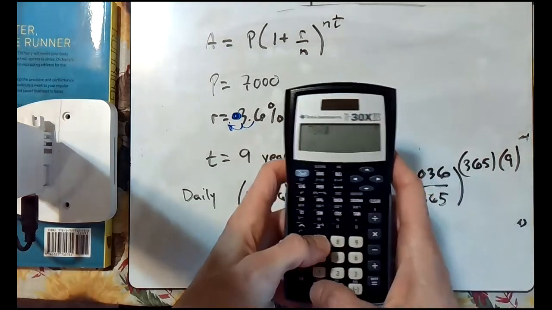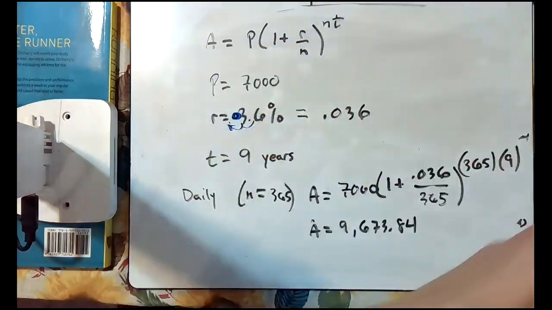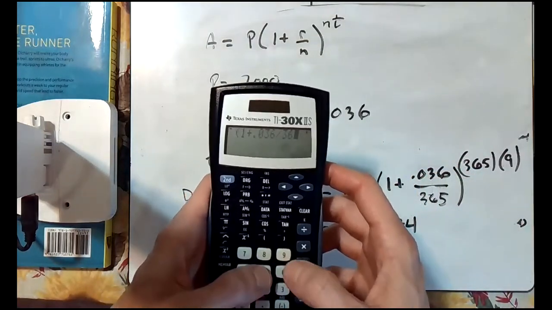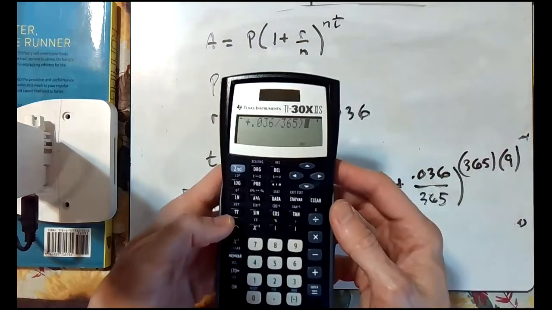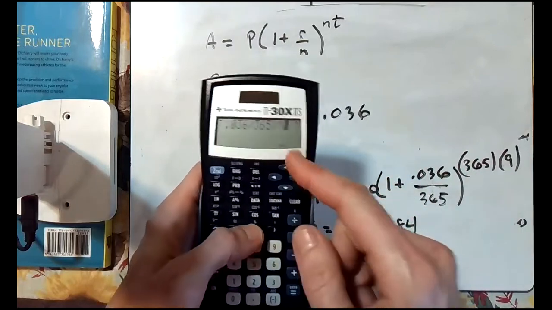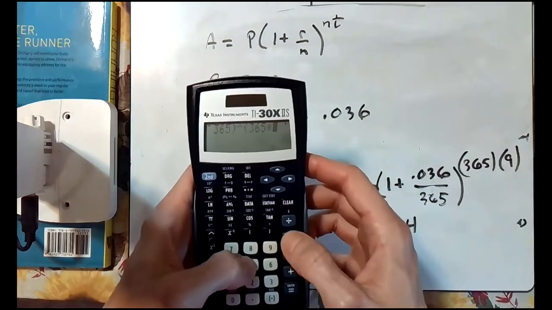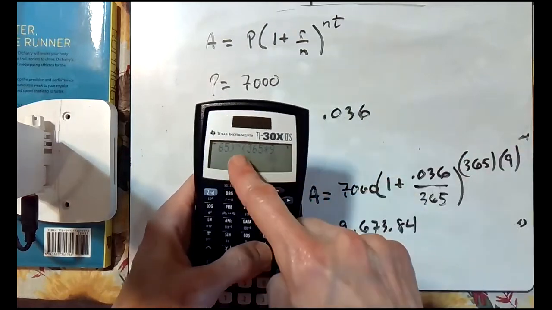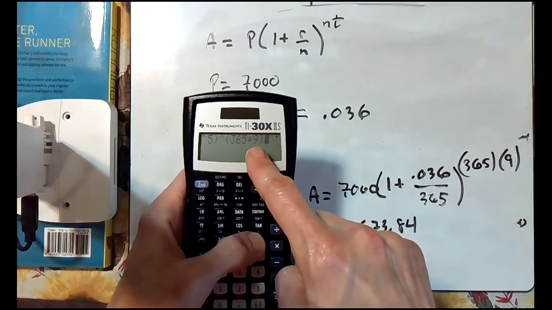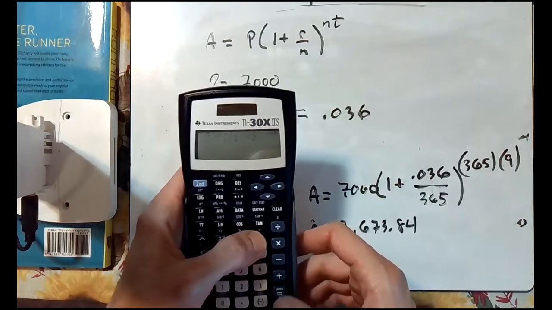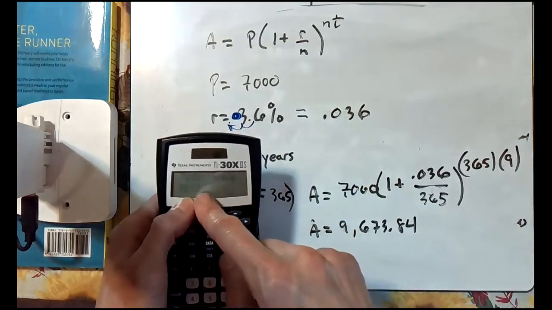So it's still 7,000, open parentheses, 1 plus 0.036 divided by 365, close parentheses, caret key. And now I'm going to use parentheses here instead because I don't know what 365 times 9 is. I can't do that in my head, but I'm using parentheses just to multiply it out and closing it off. So be careful with that. And then I hit enter. And it's just slightly more.